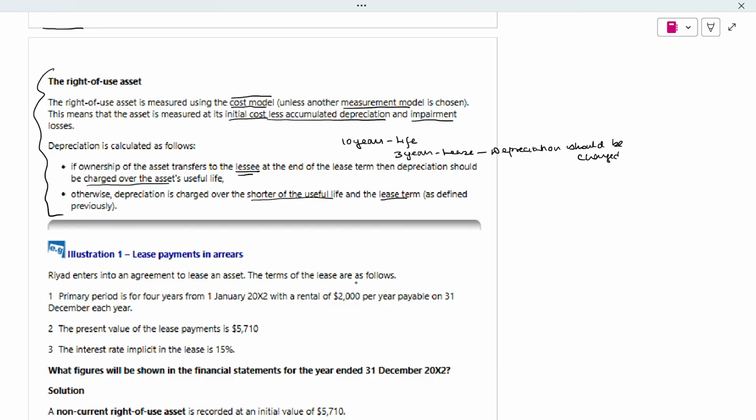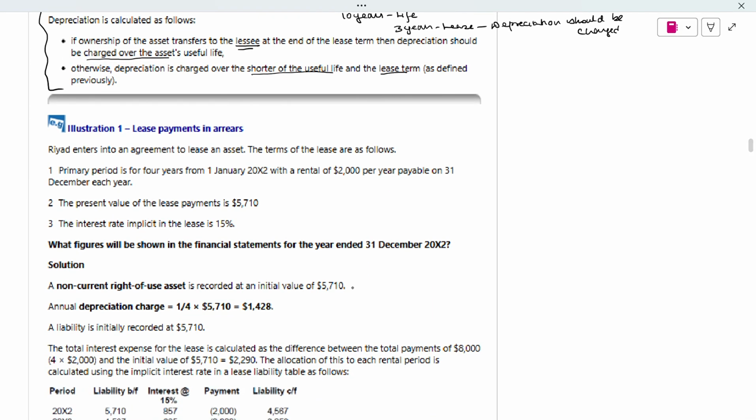Right of use of asset. Done. Okay, now see the thing.